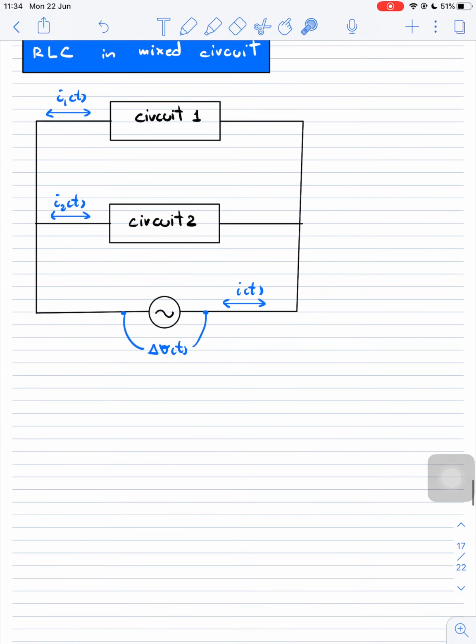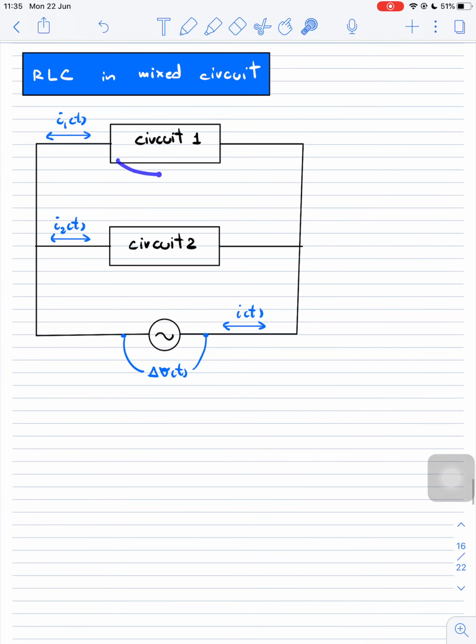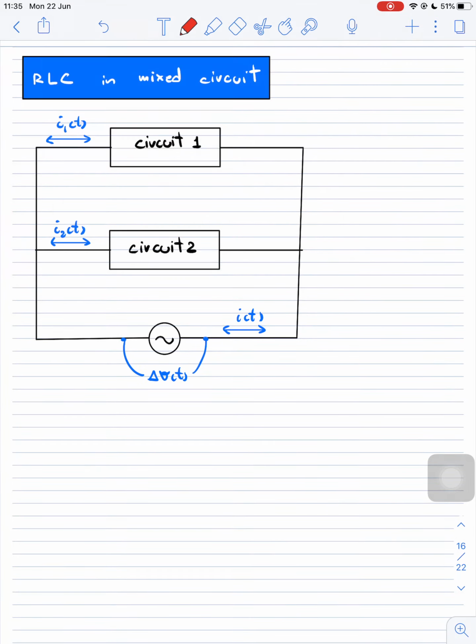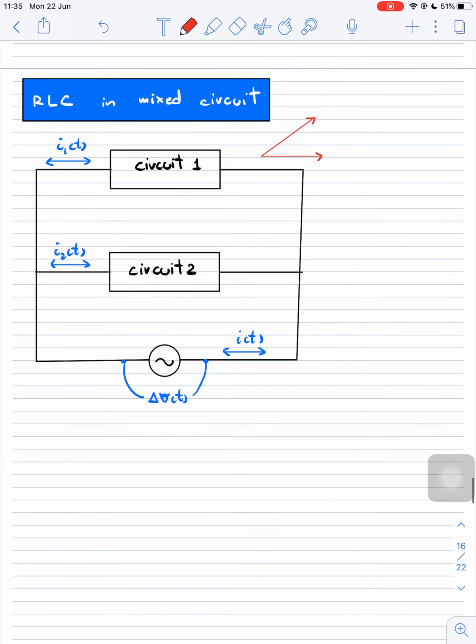So how can we solve for that? Let me give you some idea first. For circuit 1, right now we don't know what circuit 1 is, but let's assume that we can get the phasor diagram of circuit 1 to be like this one, let's say I1 and then phi1, and let's say delta V1.